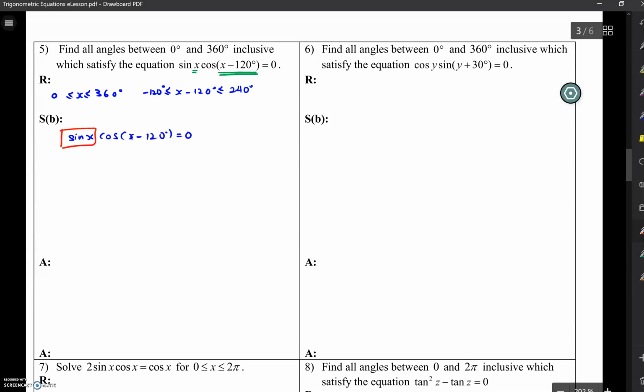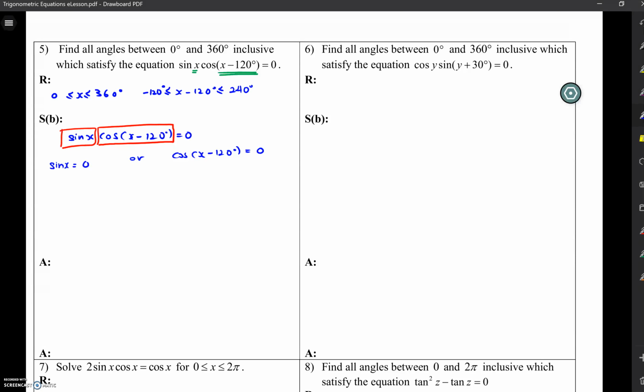If this multiplied by this one here equals 0, so 0 product tells me that I can write it as sine x is equal to 0 or cosine x minus 120 degrees is equal to 0. Okay, so now once we are at the form whereby it's sine something, tangent, cosine something equals to 0, we can actually just find the basic angle first.